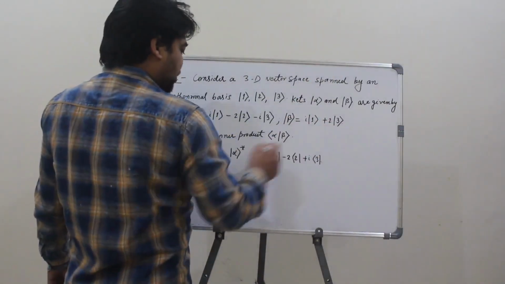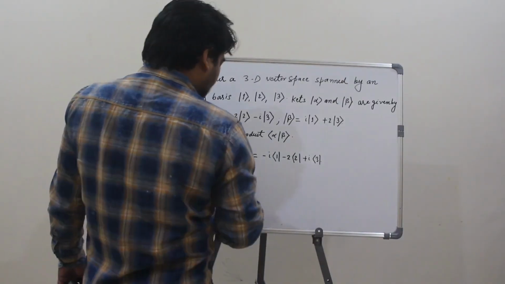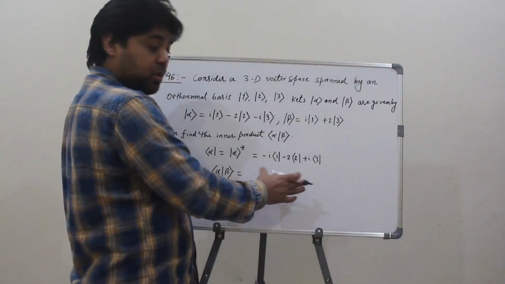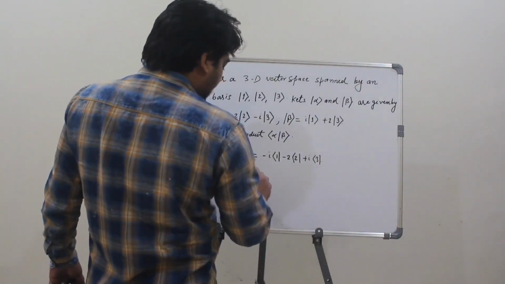And now beta is given, so the inner product <alpha|beta> is simply this. You know that the bra is nothing but the row and the ket is nothing but the column, so it's a simple matrix multiplication.